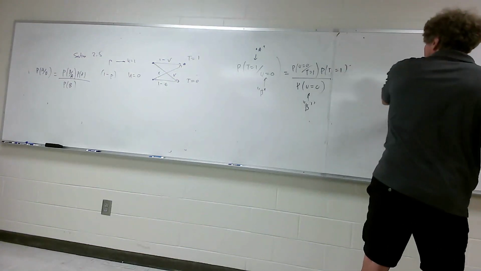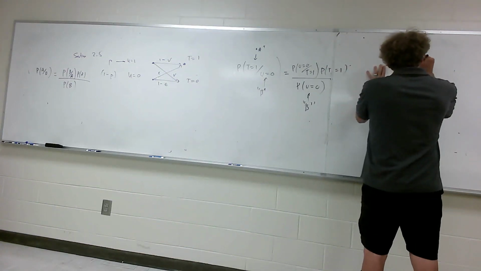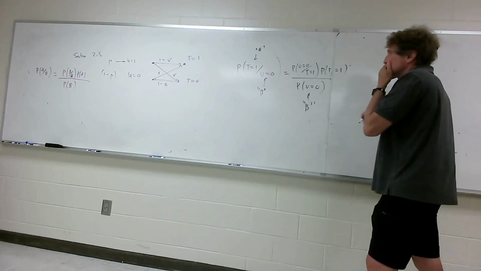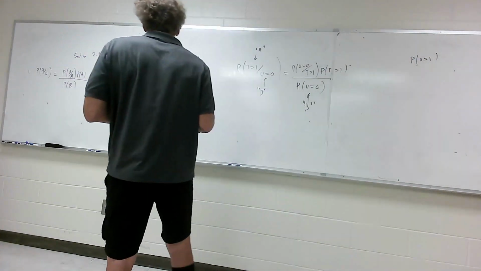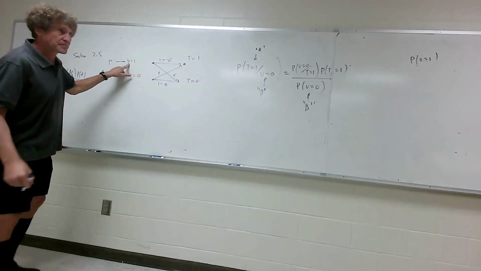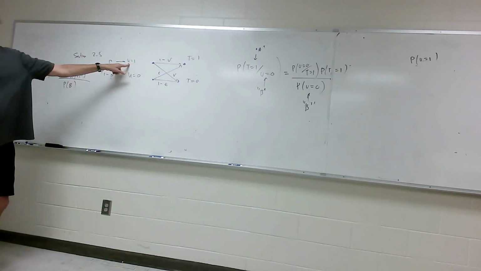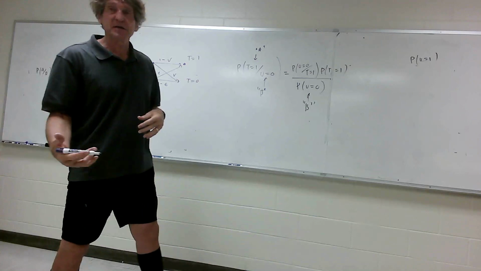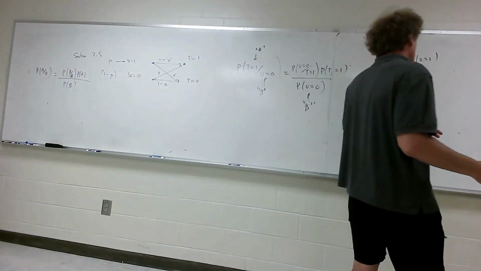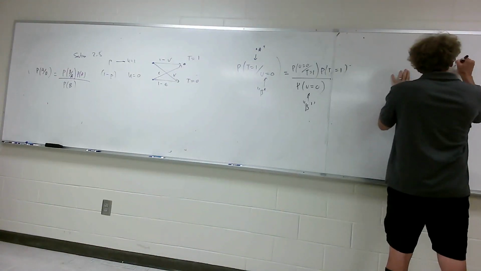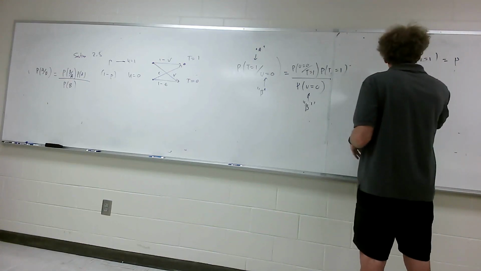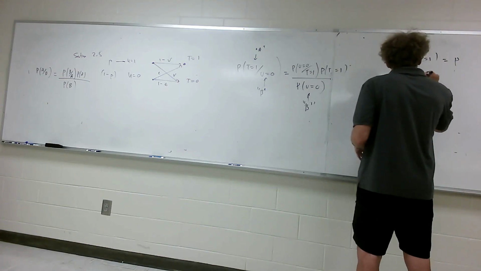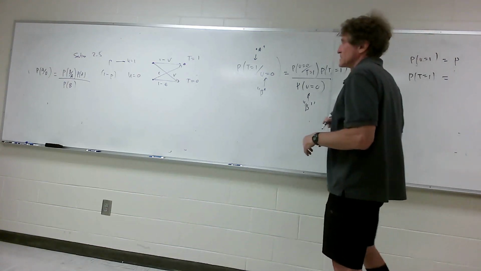Now, how do you go about getting this? Well, what is the probability of U equal 1? If you take a look at this, U equal 1 is the drug user, right? That's just P. He says that's the assumed rate or the probability, so it's P. Now, if I take a look at the probability of the test equal 1, follow me on this.